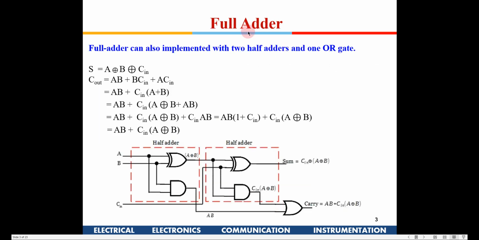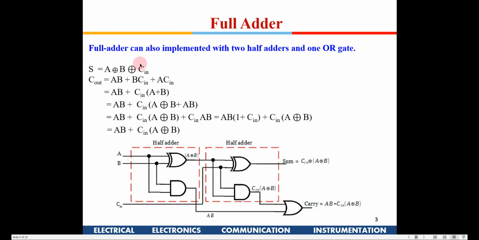Now if I have to make a full adder, although this is an inefficient way of doing it, still because of 2 half adders there is some modularity there, and that is why we are discussing this particular topology. In a full adder, there is A, B and C, so there is a C incoming from the previous stage also.